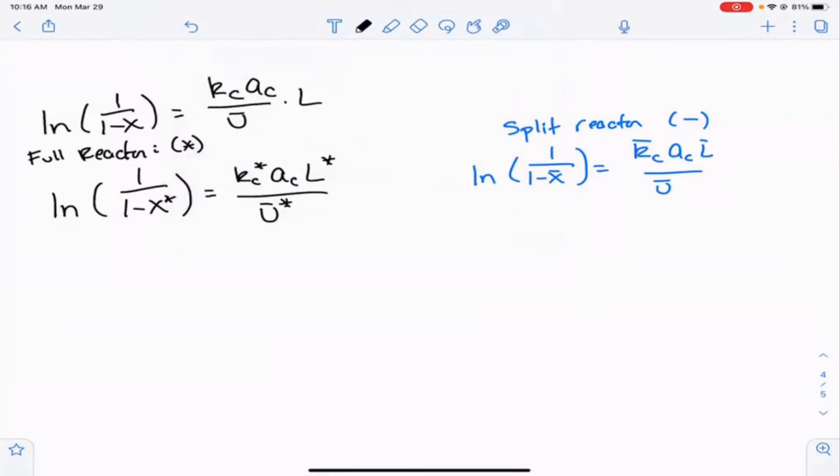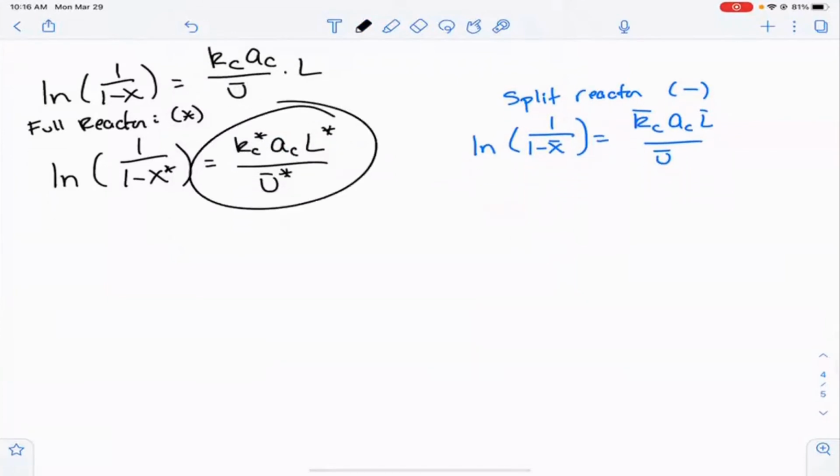So let's just divide these two. I want to try to relate these. So let's simply divide what's going on in the split reactor by what's going on inside of our original reactor.